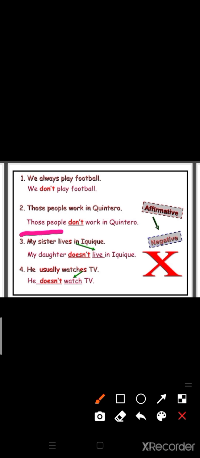So, those people are plural form. You will use don't here. My sister lives in Equinque. So, here also my sister is singular. So, you will use does not. He usually watches TV. He is singular subject, here also we will use does not.